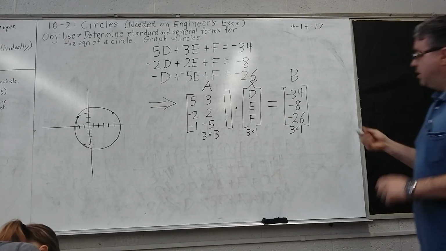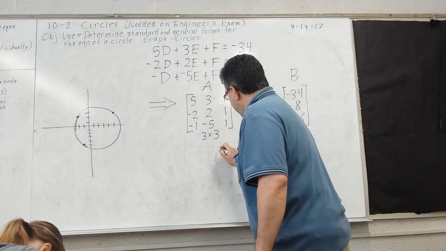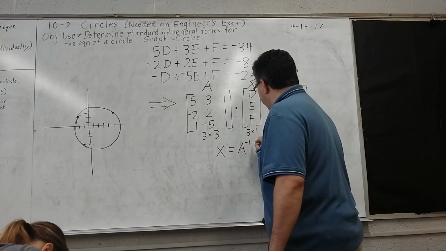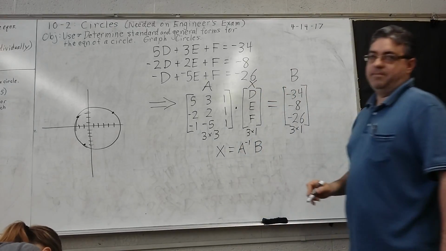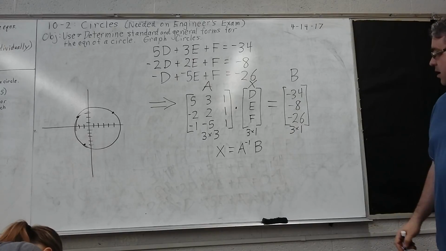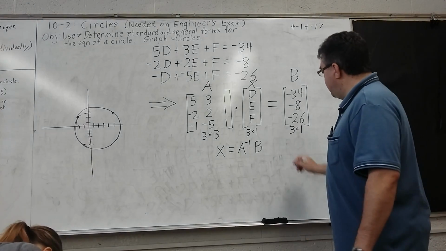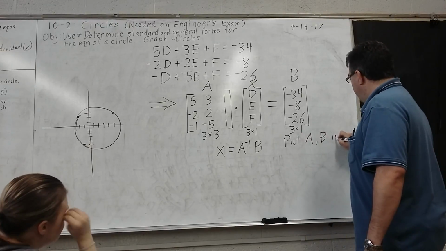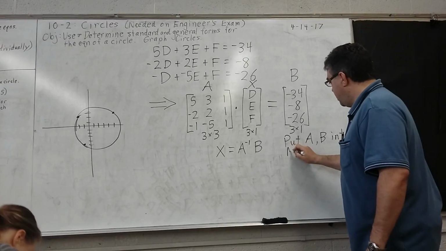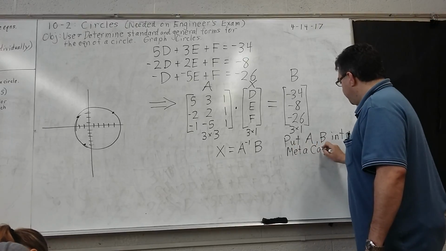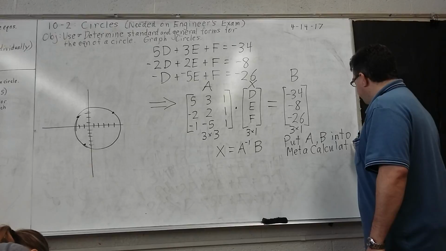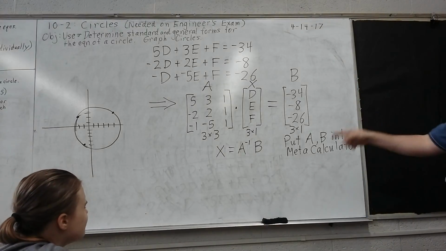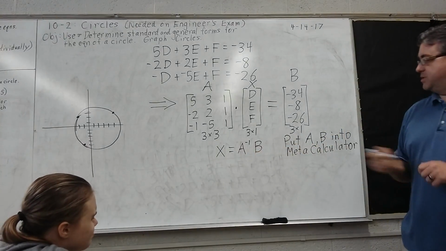And if you recall, in order to get matrix X, we had to do A inverse times B. So the way you would do that is to put A and B into Metacalculator or some other matrix technology and do A inverse times B.